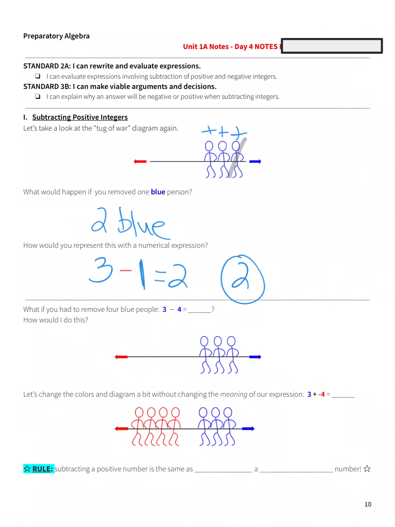So here we have the problem 3 minus 4. Now if we start right here with 3 positives, it's hard to visualize subtracting 4 because there's only 3 here. So we're going to change the way we wrote this a little bit. Instead of writing 3 minus 4, we're going to write 3 plus negative 4.